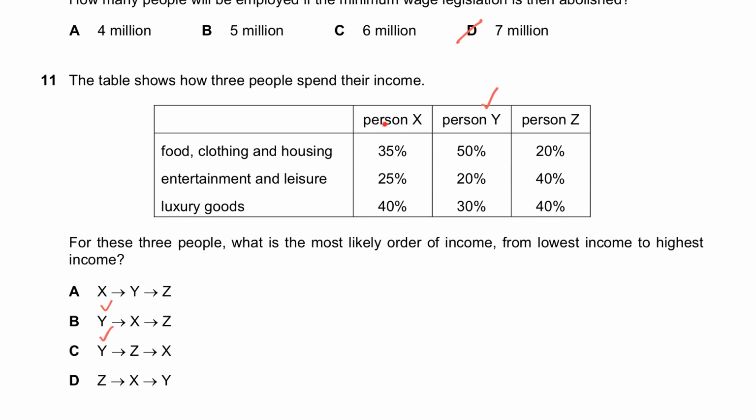But when you go to food, clothing, and housing, person X is spending more than person Z, which may suggest that, in fact, even on entertainment, person Z is spending more, which means that person X might be poorer than person Z, because the percentage of income that he's spending on food and clothing is higher than person Z. So I'm going to go for B as the right answer, which says that it's Y who's the poorest, then comes X, and then Z.